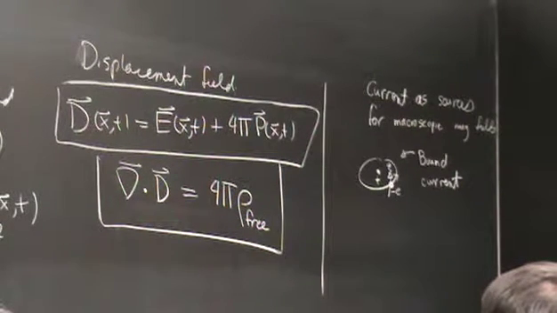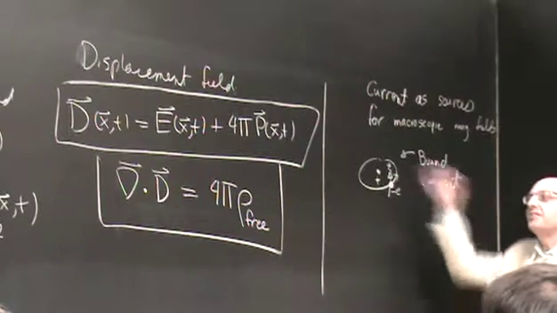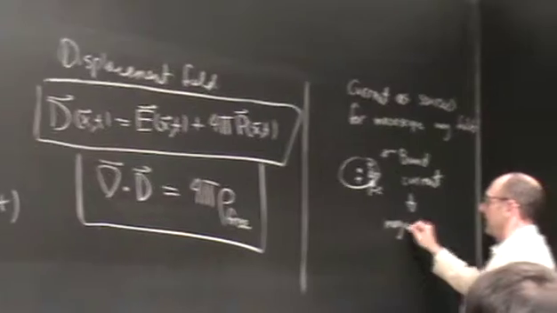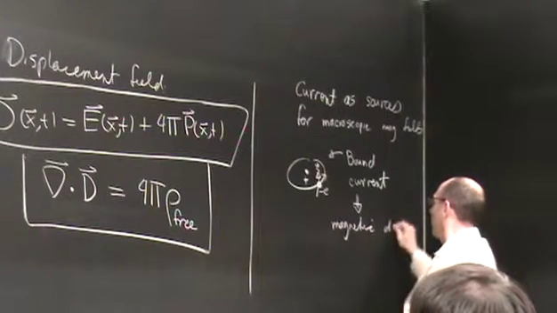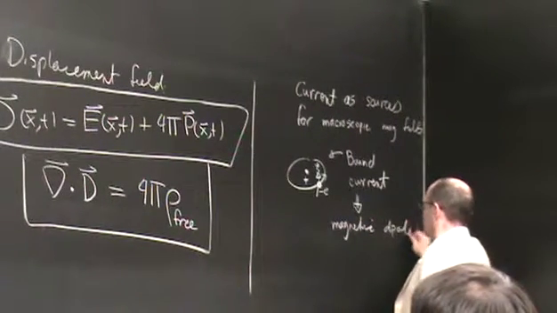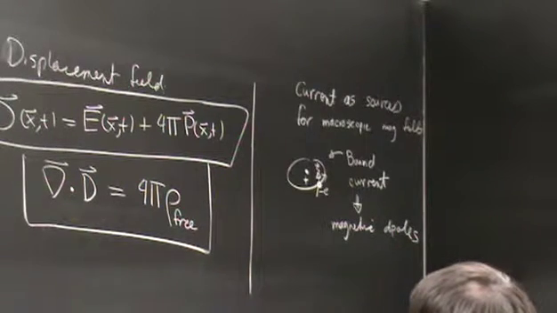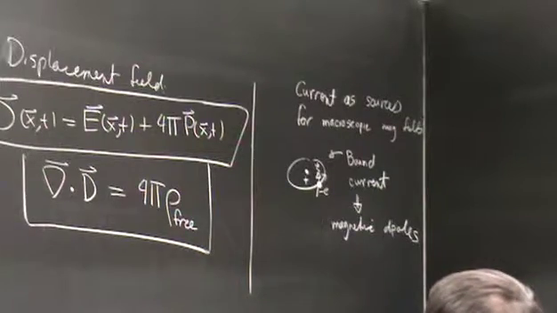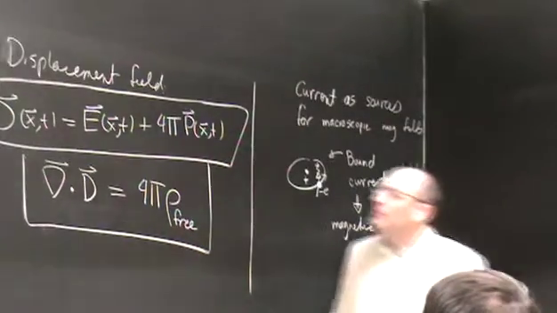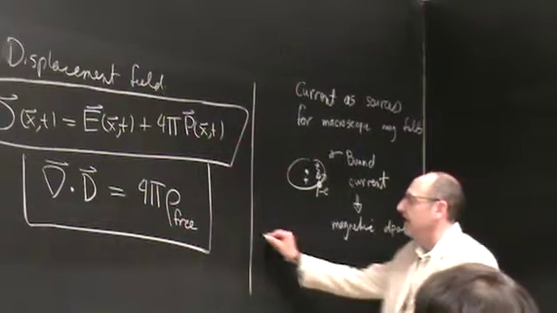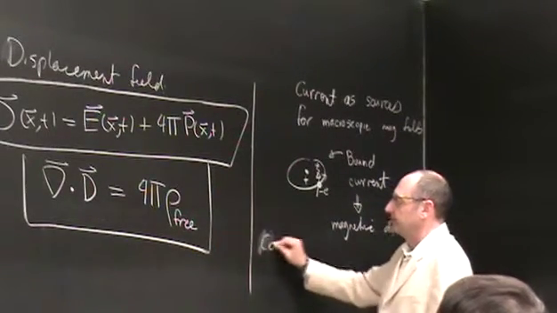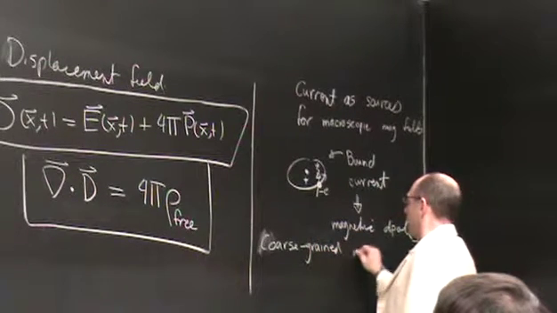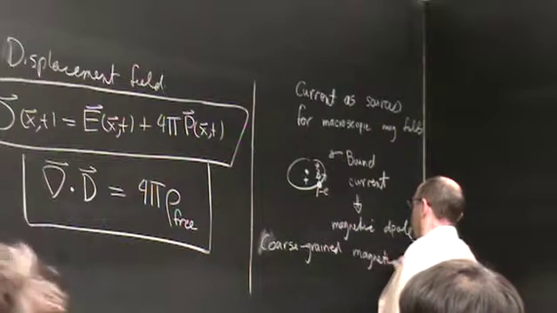Okay? And the bound current is associated with some magnetic dipoles. So in the same way that we define an electric dipole density, we define a coarse-grained magnetic dipole density.